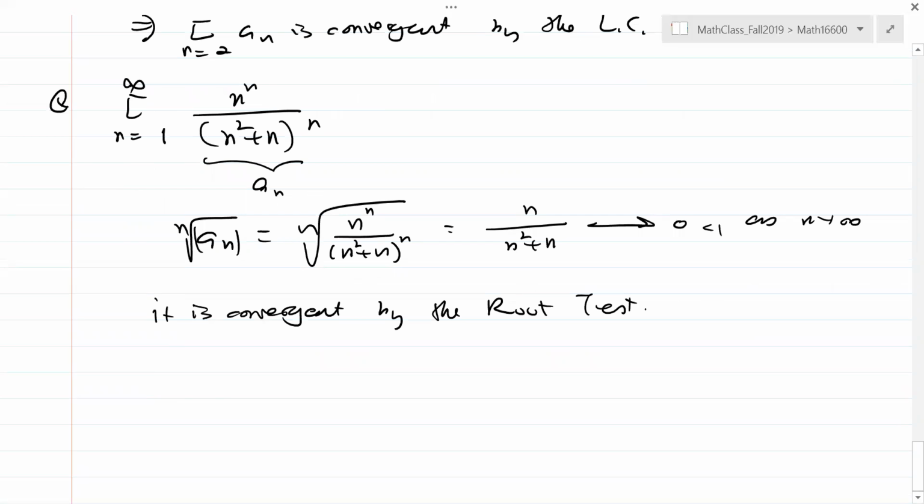But if I change it to 2n in the numerator, then you have trouble because the limit is only 1. The ratio test does not work. Okay, the ratio test does not work.